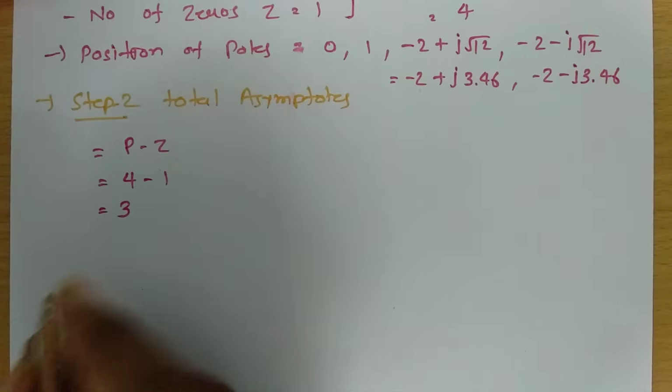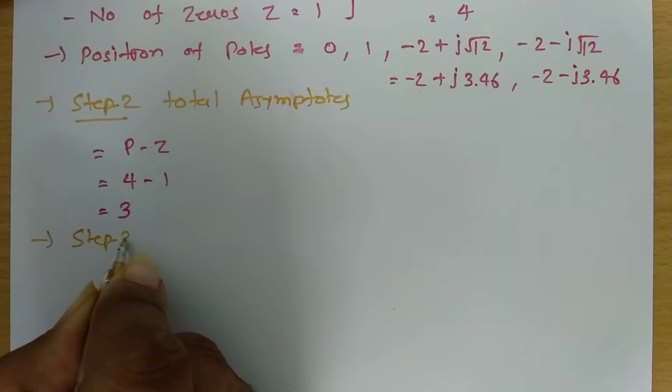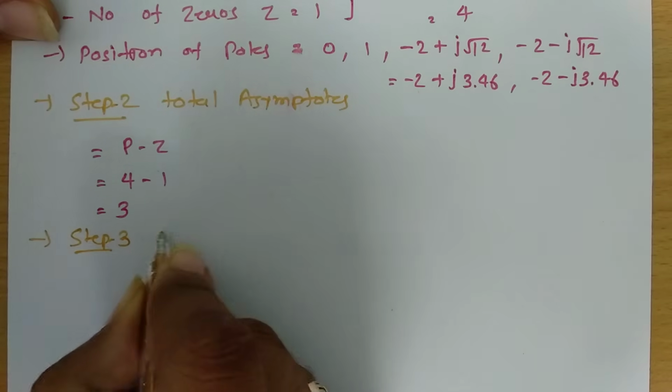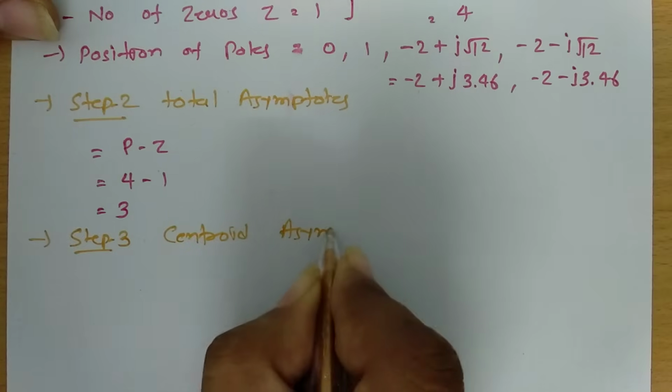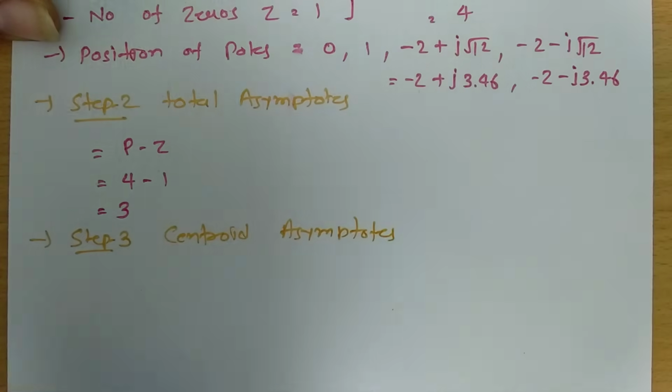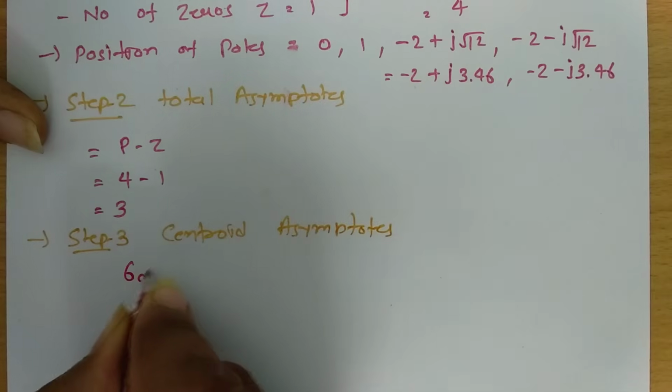Now the next step is to identify the centroid of asymptotes, which we can calculate by the basic formula.